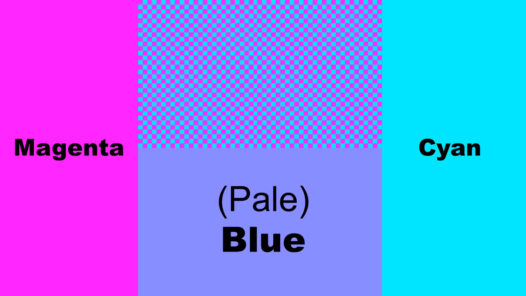If the area of squares of magenta and cyan occupies a small enough area in our retina, our eyes average out the wavelengths of the two colours to produce the wavelength of blue, or pale blue in this case. Try the following experiment. View this screen in a darkened room if you can. If you're viewing it on your smartphone, hold the phone at arm's length.